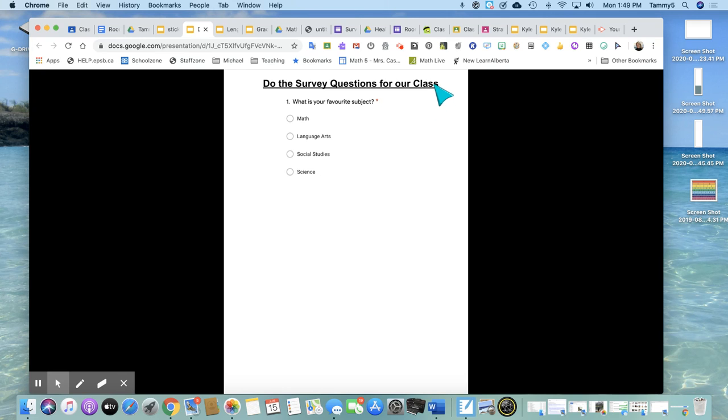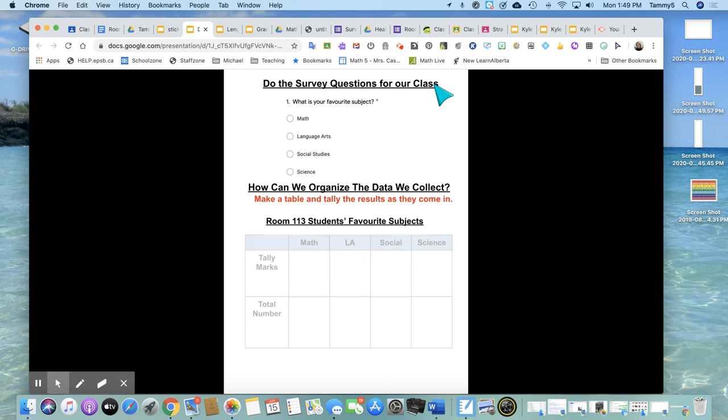Okay, so let's just pretend that we've collected the data for the first question. How can we organize the data that we've collected? So step number 1 is to make a table and tally the results as they come in. So I've put a title, Room 113 Students' Favorite Subjects.